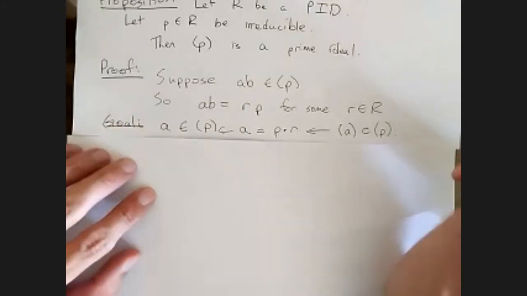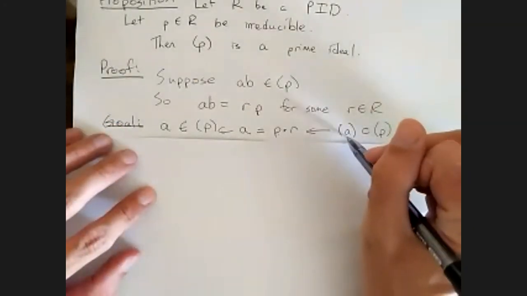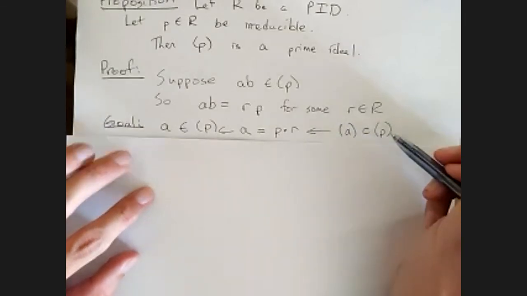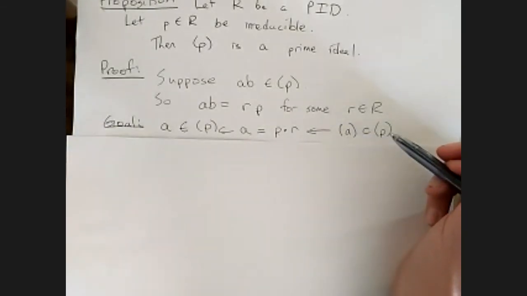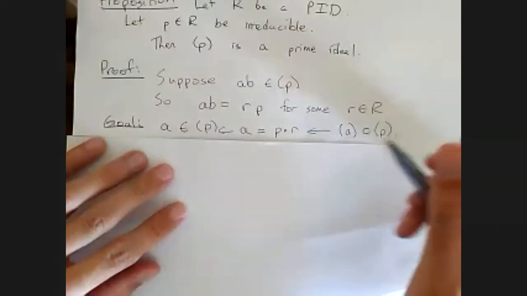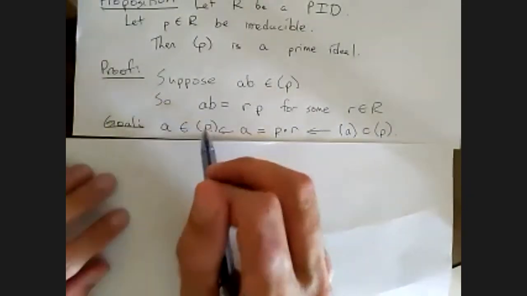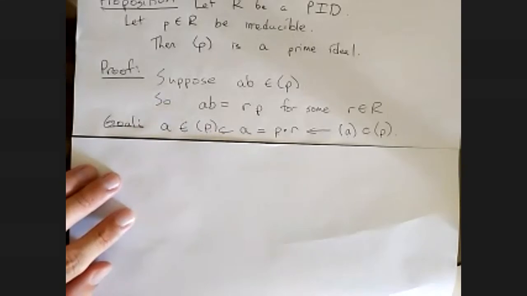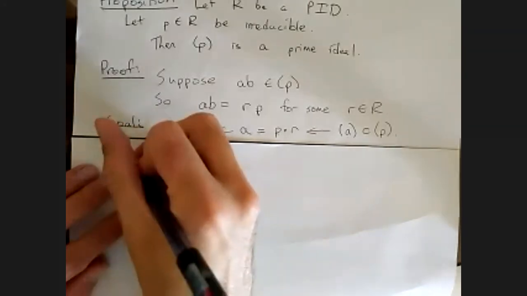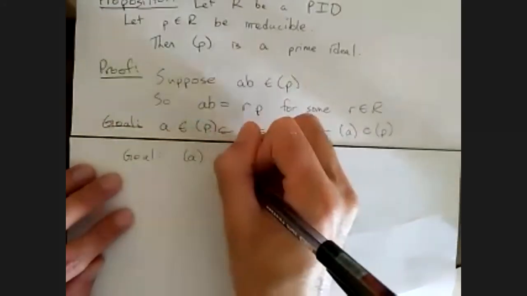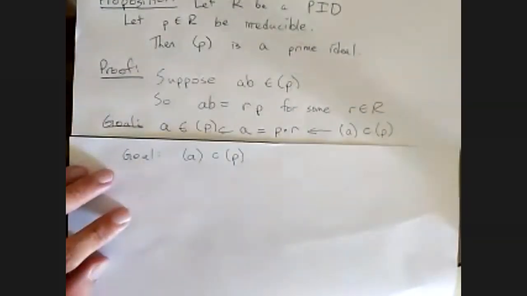Okay, so if we prove that the ideal generated by A is contained in the ideal generated by P, then we can prove that A is in the ideal generated by P. That's our goal.